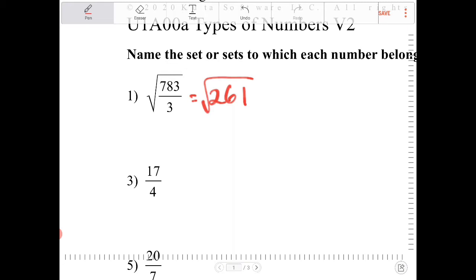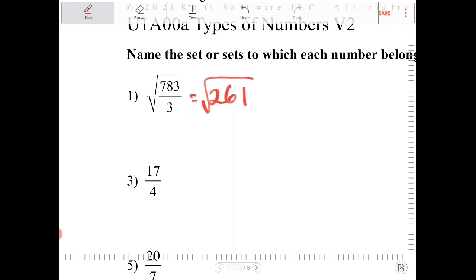It looks like it cannot. Can I divide 261 by 2? Certainly not. Can I divide it by 3? No, that won't work either. So we can't go any further, and this is going to be irrational, because if I punch the square root of 261 into a calculator, it turns into a non-repeating decimal.